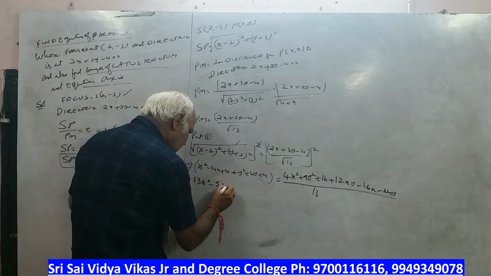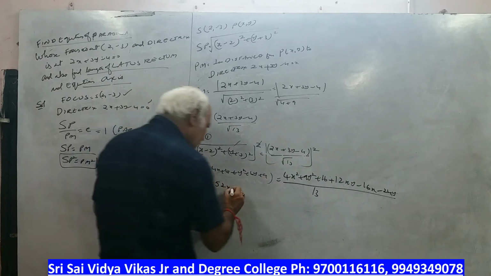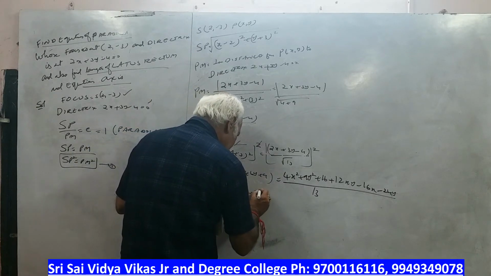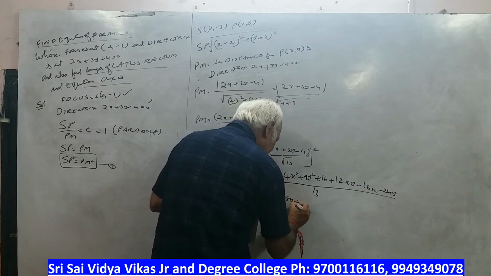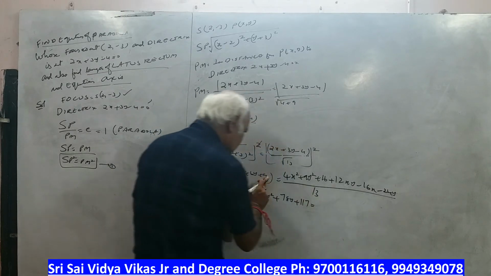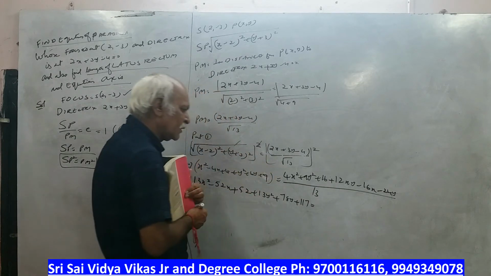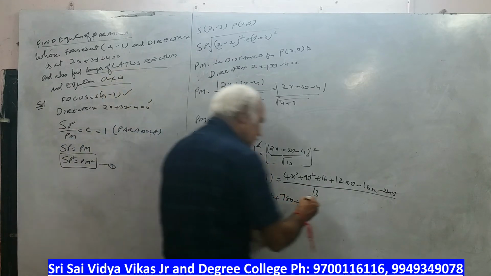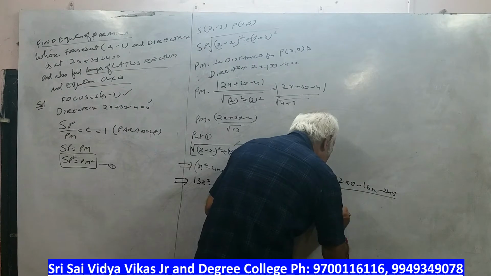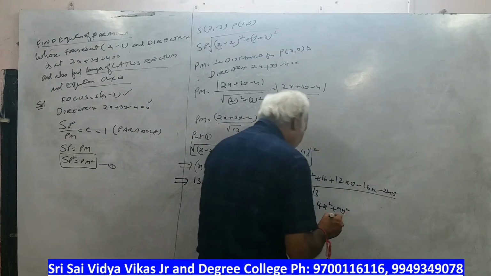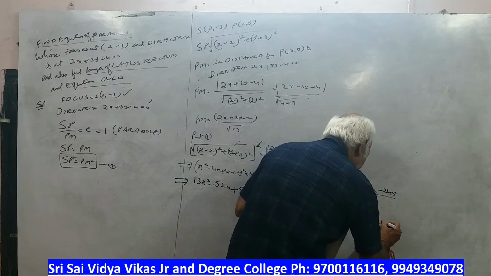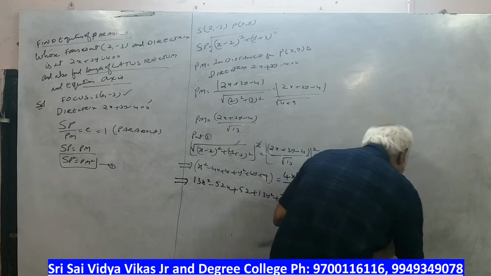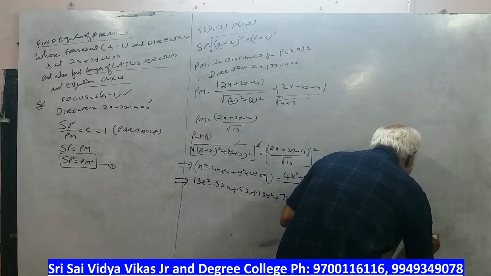13x square minus 52x plus 52 plus 13y square plus 78y plus 117 is equal to 4x square plus 9y square plus 16 plus 12xy minus 16x minus 24y.